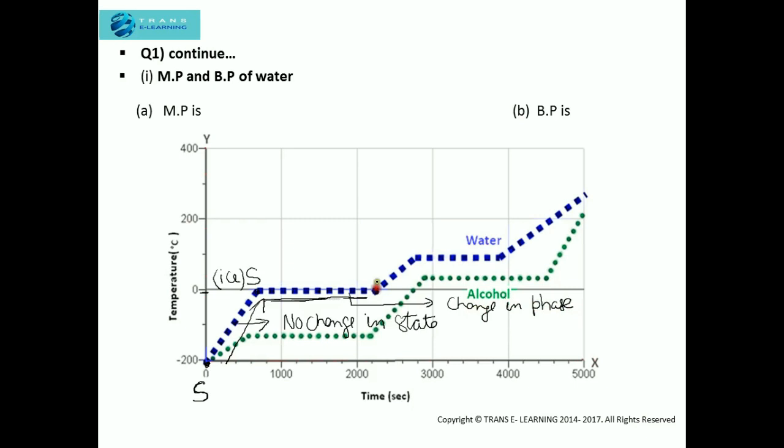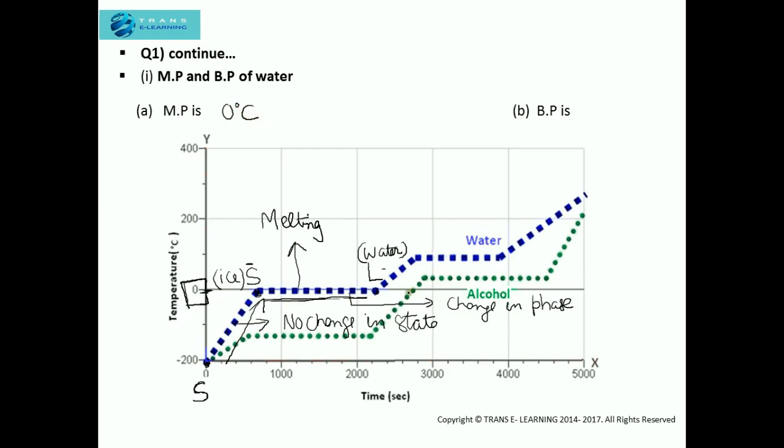So at this point we'll be having liquid, that is we'll be having water, and this process of transition from the solid to the liquid is known as melting, and this point will represent the melting point of ice. So the melting point of ice will be 0 degree Celsius.